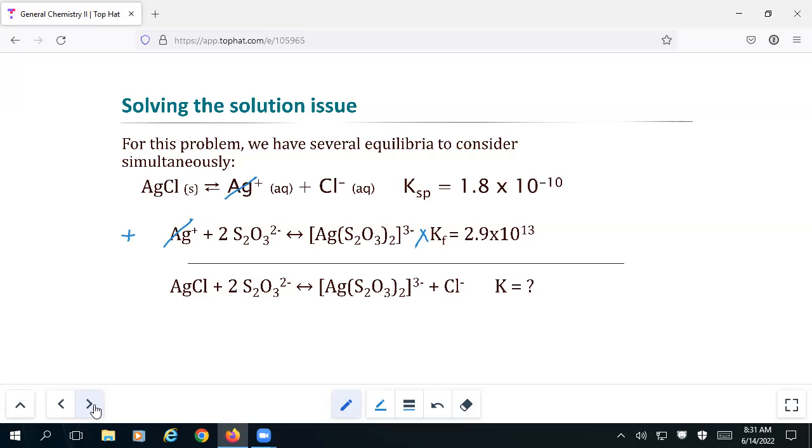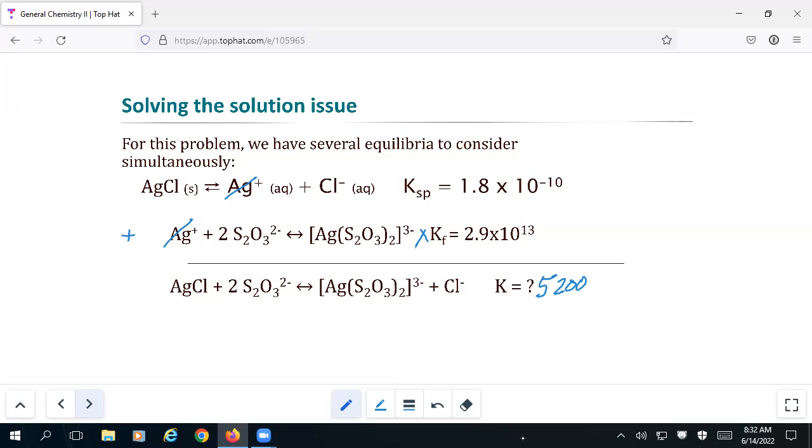So 1.8 times 10 to the -10th multiplied by 2.9 times 10 to the 13th, we get an equilibrium constant of 5,200. Calculator says 5,220. We have to round to 2 sig figs, so 5,200 will be the result.